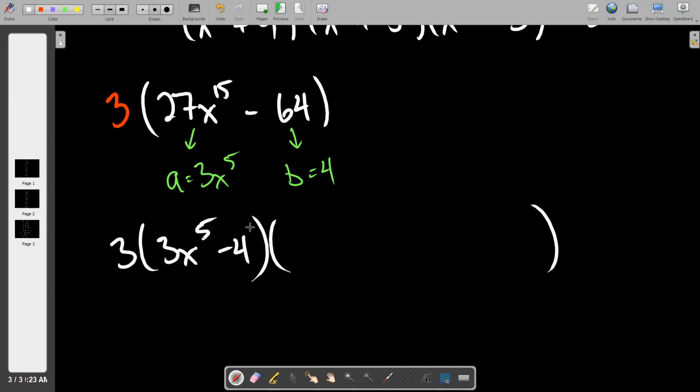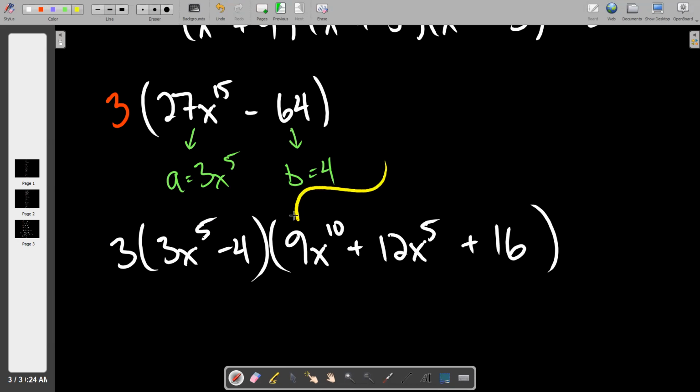Long set starts with what? 9x to the 10th plus 12x to the 5th plus 16. So remember to square right there. The number in front of your a or b value also has to get squared when you're doing those bookends on the long set.